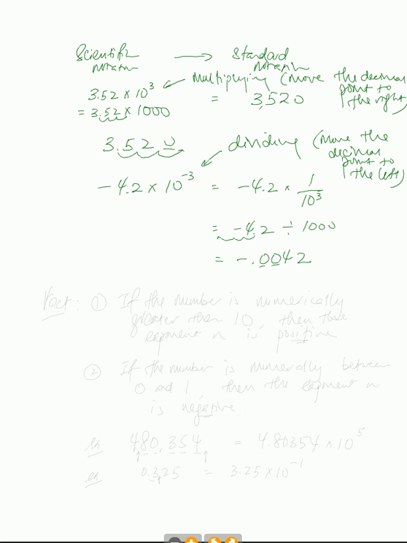Yet another way to help you remember is these two facts. If the number is numerically greater than 10, ignoring the negative sign and just looking at the value, then the exponent n is positive.